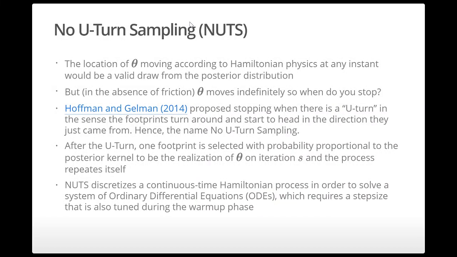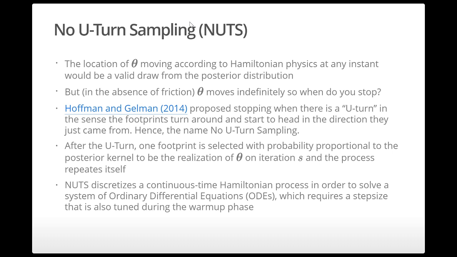The algorithm in Stan, the original one, was actually called no U-turn sampling. When it moves around, the movement is actually deterministic. So how do we make this into a stochastic algorithm? Theta moves around a little while, and then we stop it, and then we hit it with a new random draw of normal wind, basically, that changes its momentum.